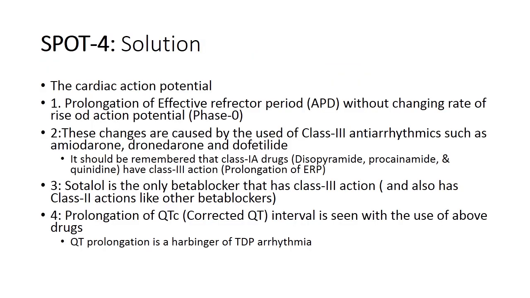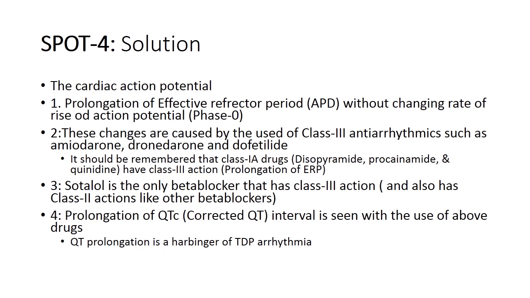Now, in the cardiac action potential there is prolongation of the effective refractory period without changing the rate of rise of action potential, which is characteristic of class 1 drugs like quinidine, but it is not there. These changes are caused by class 3 antiarrhythmics, which are amiodarone, dronedarone, and dofetilide.